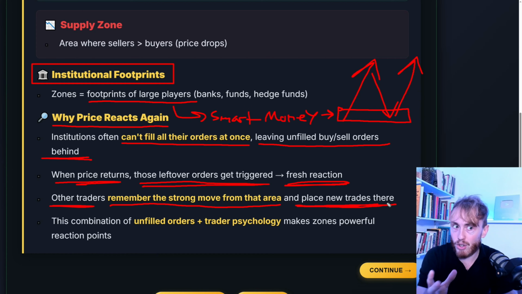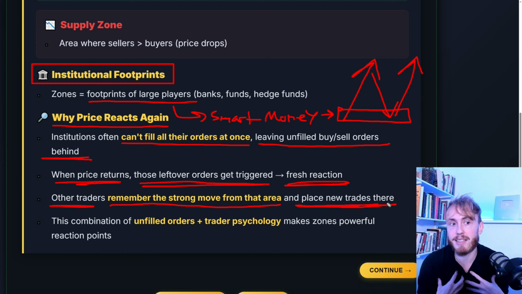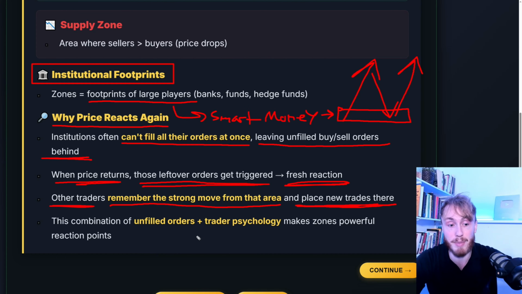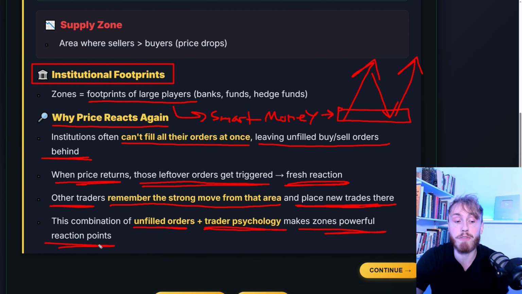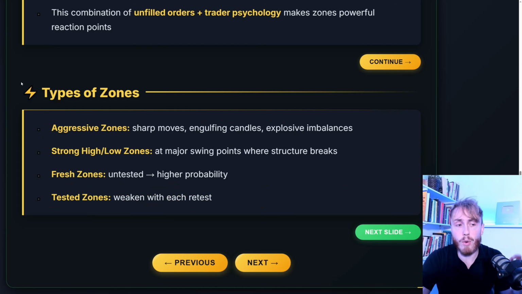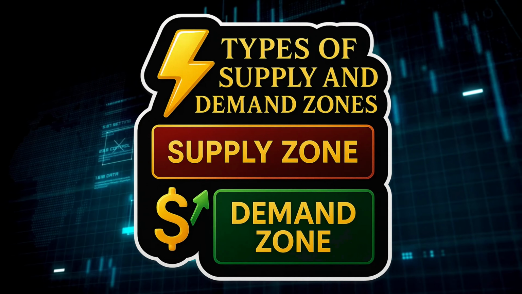I would at least say that a part of why this works is that so many traders are paying attention to these areas, which can make them even stronger. Basically, the combination of both unfilled orders and, very importantly, trading psychology can make these zones powerful reaction points. But alright, so now let's take a look at the different types of supply and demand zones.